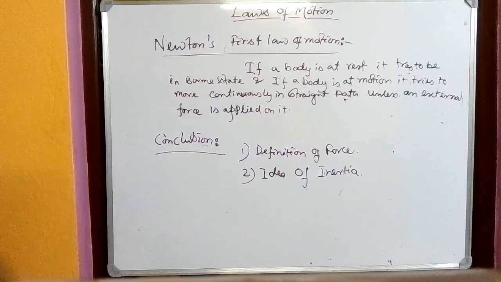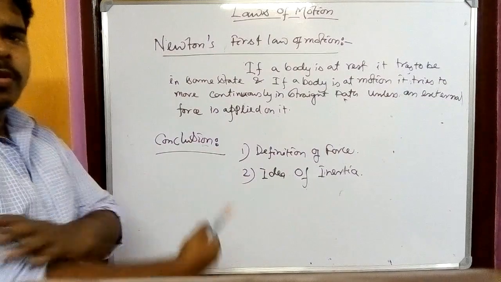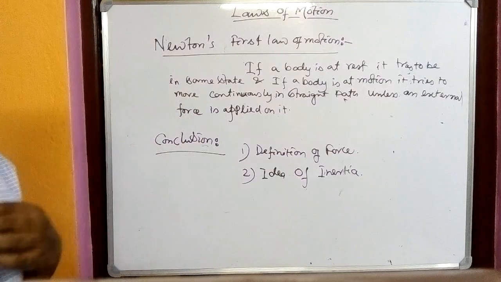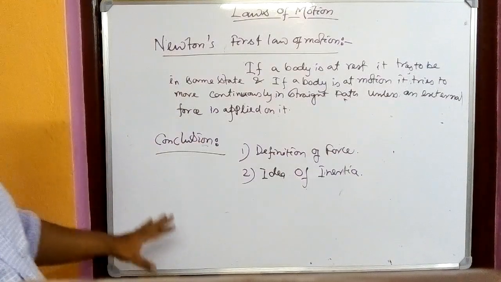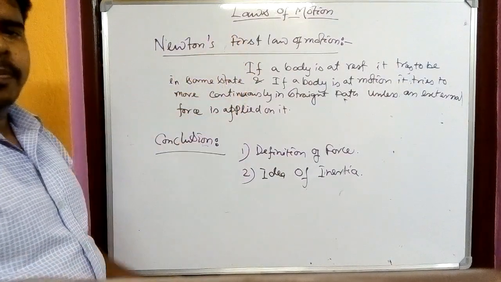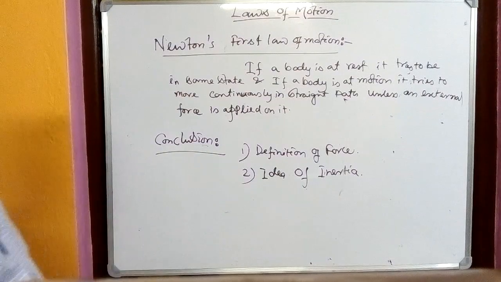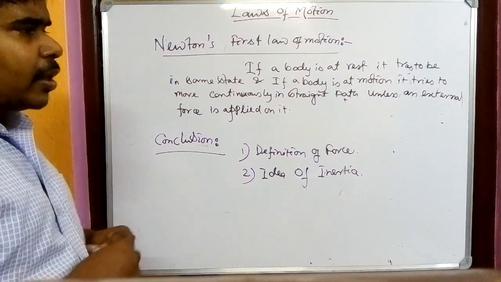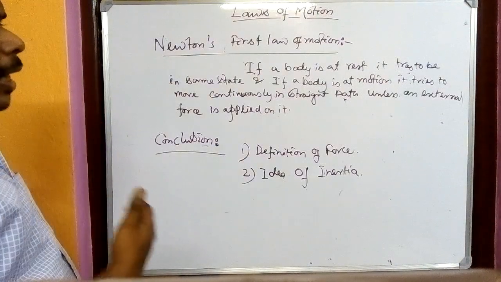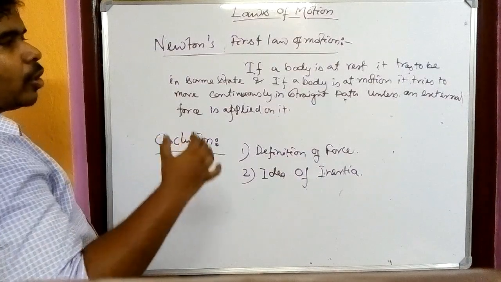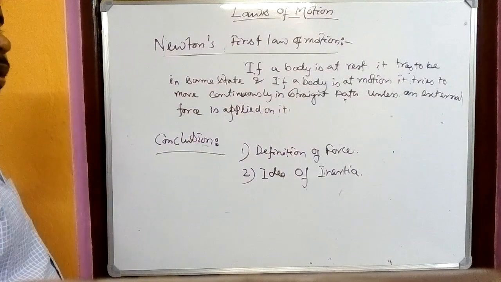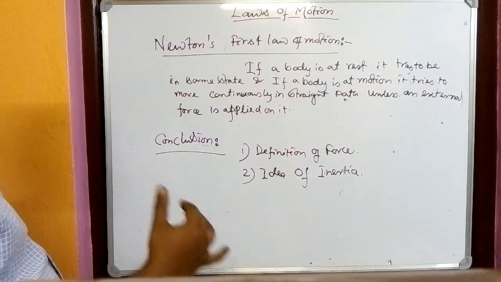The definition of force we have got from the first law of motion. Now you can ask, sir, we have already defined force earlier, then why do we have to define it again? No, we are not defining it again. We are just giving the idea of force in the light of Newton's first law of motion. What is the definition? Just listen properly. Force is a physical quantity by which we can change the state of rest or change the state of motion, unless the body will be in the same state.